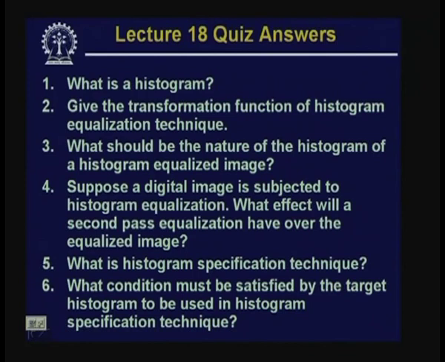As we have already mentioned, once our image is histogram equalized, the histogram of the processed image will be a uniform histogram, that is, it will have a uniform probability density function. If I want to equalize this equalized image, the corresponding transformation function will be a linear one, a straight line inclined at 45 degrees with the x axis.